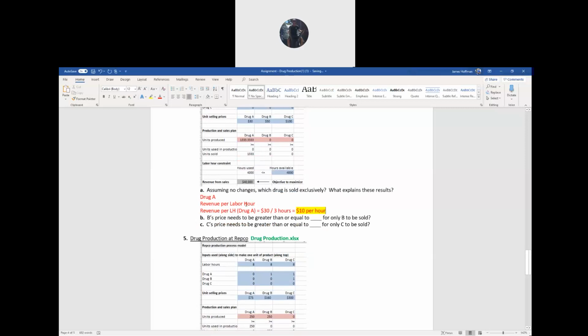Let's figure out what those other two drugs are giving us, and then the price those need to rise to, to be equivalent to drug A and give us $10 per hour.